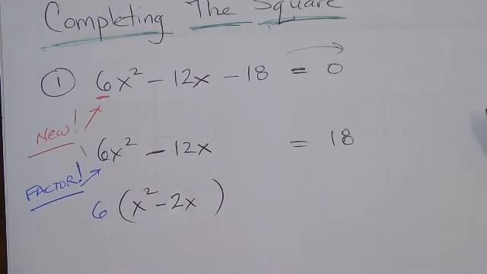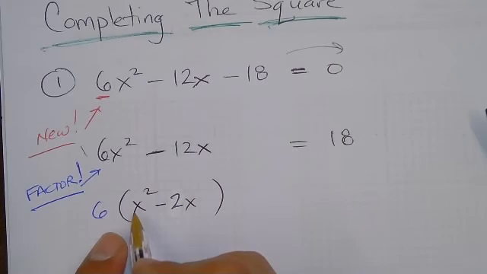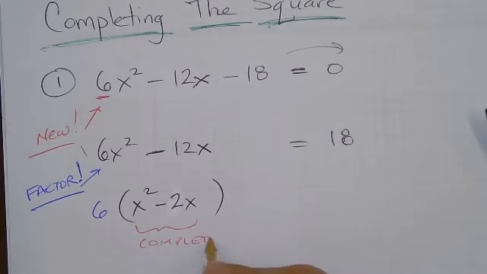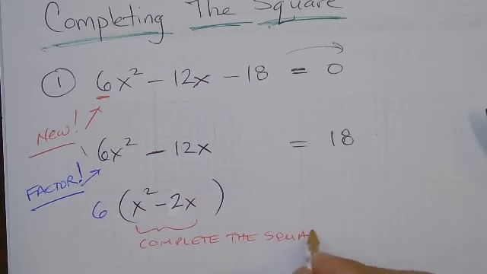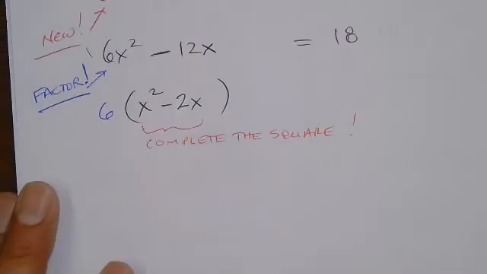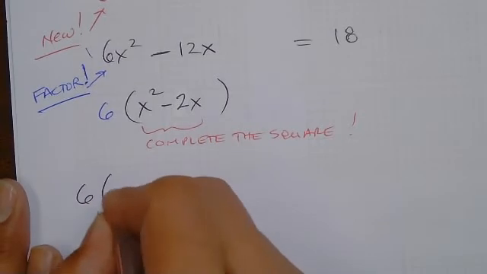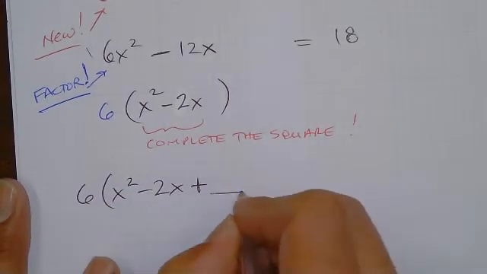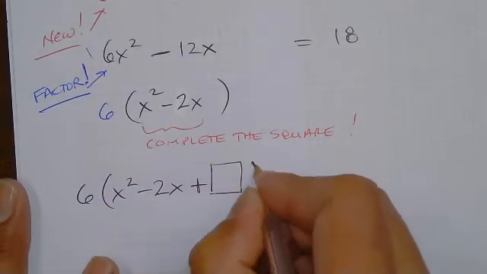You guys agree? Okay, now that I have this alone with just x squared, now I can complete the square right here. That's not new. You already know that. So I'm going to make a little bit of room though, let me copy it over.